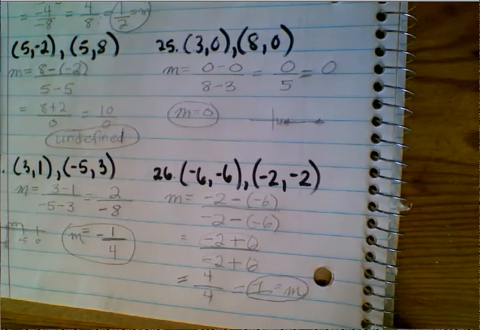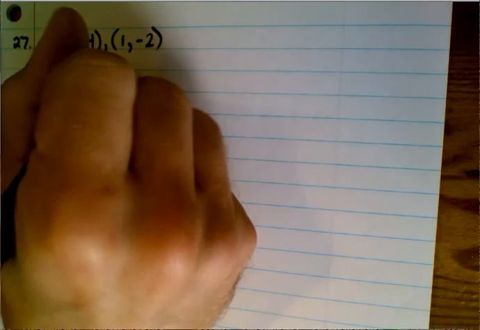Okay, and now I'm going to flip to the back. We're going to do number 27. 27, it's the same kind of deal. M equals -2. Minus is always in the formula, remember. -4.